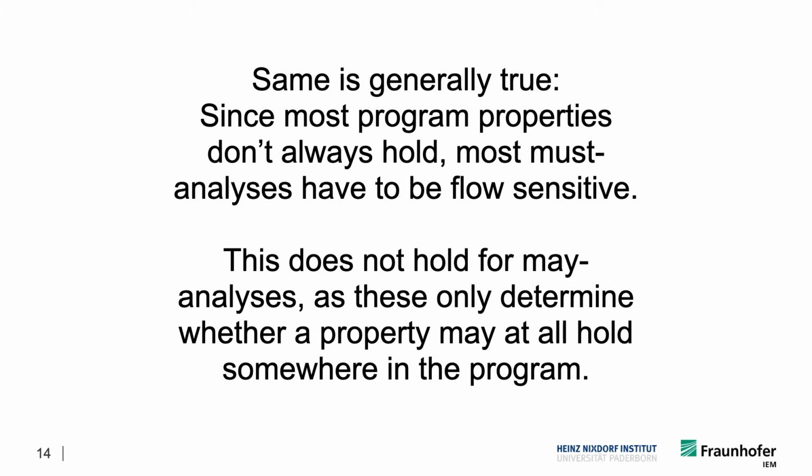I haven't come across a sensible one where this didn't hold, but maybe there is an exception. This does not hold for may analyses because they only determine whether a property may hold at all, right? Somewhere in the program. And that can certainly always be the case, right? So a may analysis is perfectly fine to compute in a flow insensitive way. Yeah, so that's one important relationship that I want to make clear.